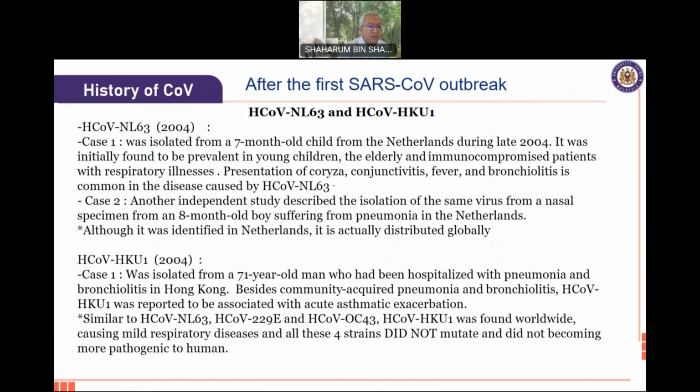After 2000, there were some minor outbreaks with these human coronaviruses. In 2004, there were 2 cases of SARS-CoV, both detected in the Netherlands.